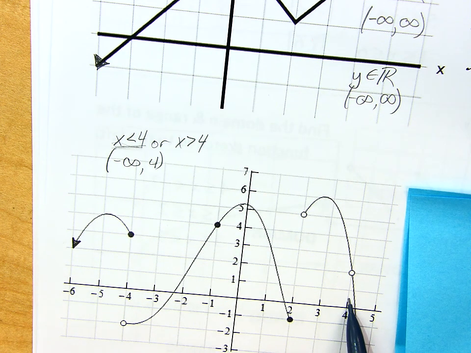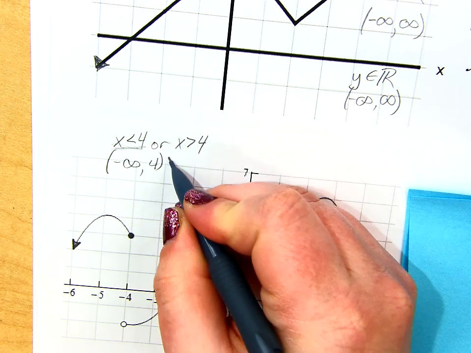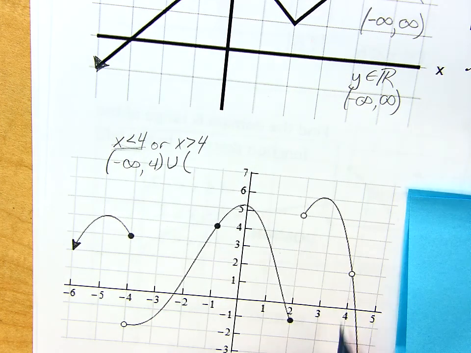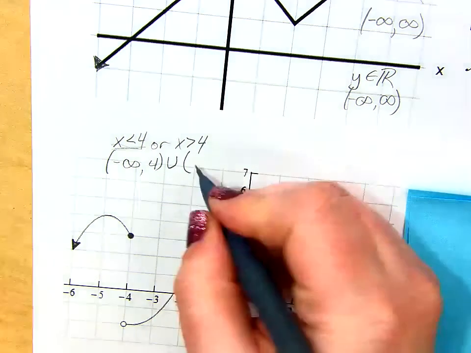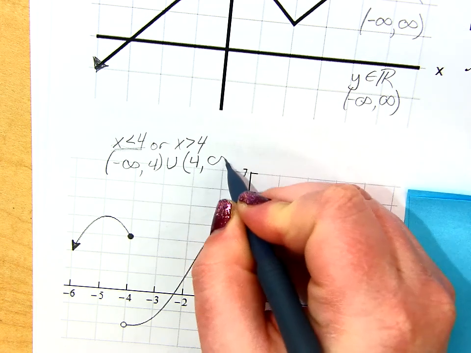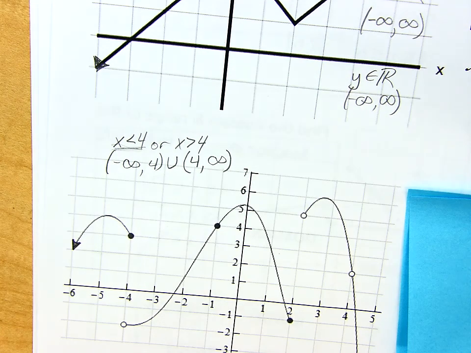And that's kind of where I stop. Then I'm going to hook this back up with everything after 4. So now I'll start at 4 and I'll go to positive infinity. Smooth curves, smooth parentheses, all the way around. So there's my domain. How about the range, though?